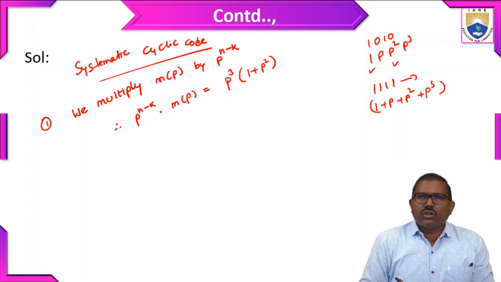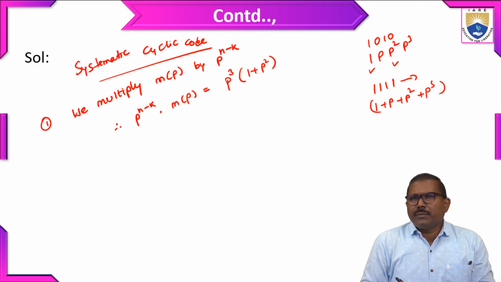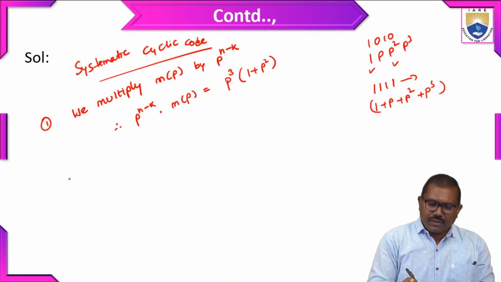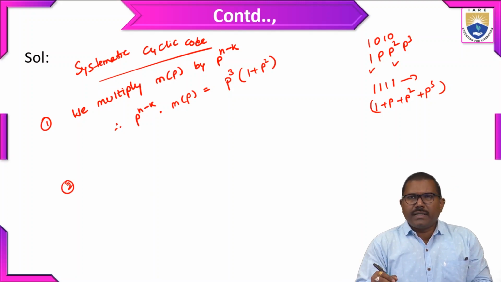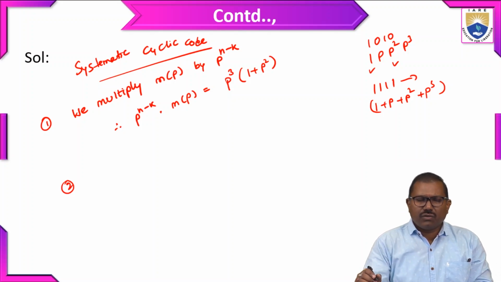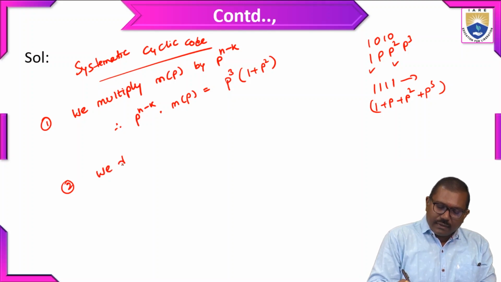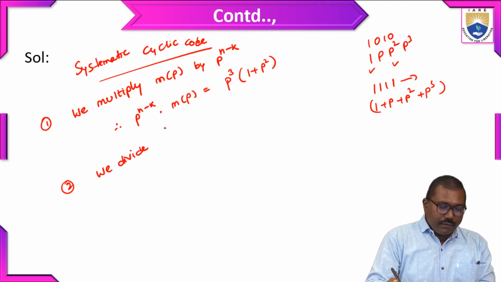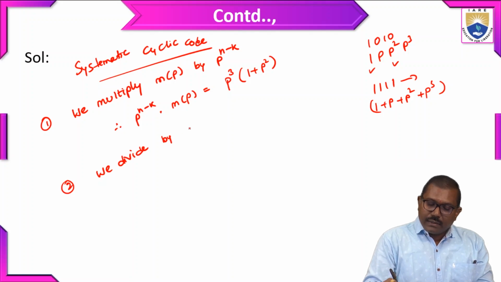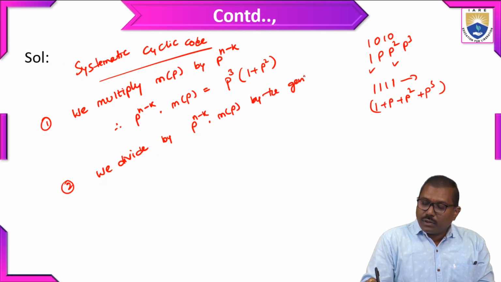The first step, we multiply m of p by p power n minus k. In textbooks, we may use x of p or 1 plus x. Anyway. Next, we divide p power n minus k into m of p by the generator polynomial.